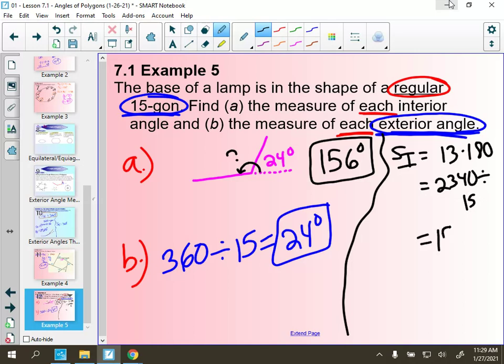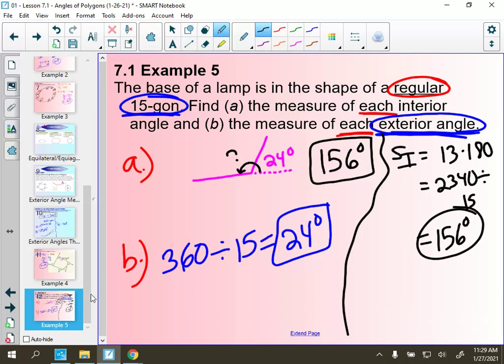I get 156 degrees. So if I started there, fine, I got the same number. So I'm not saying you have to start with exterior, but I don't know, it's one less calculation that I have to do. I think the calculations were easier, 360 divided by 15, and then just 180 minus 24 versus whatever, some bigger numbers. In the end, I hope everyone's able to kind of follow there and figure it out one way or the other.